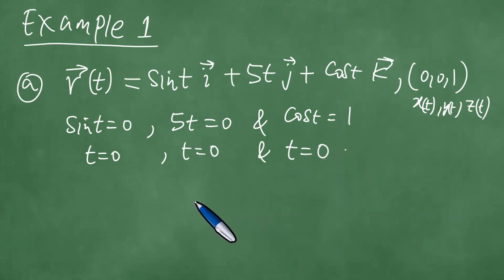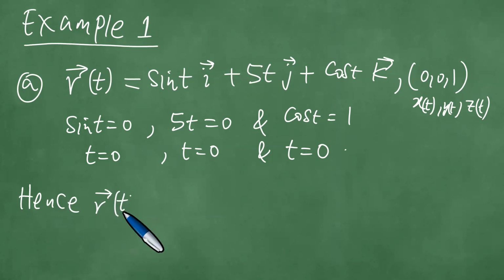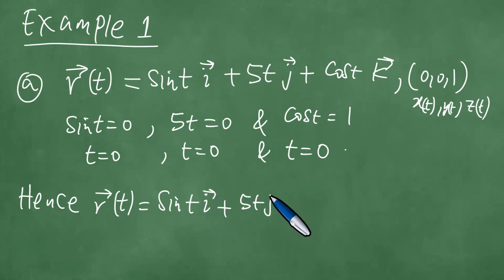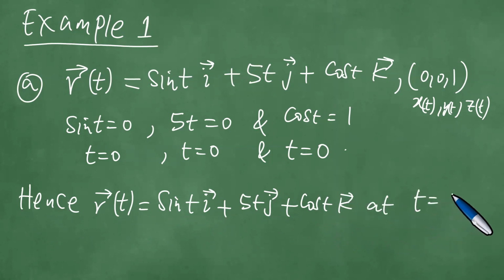So we can then say that hence the vector r of t is the sine of t i plus 5t j plus cosine t k, and this is performed at t equals 0. So with this said, what is the unit tangent vector?